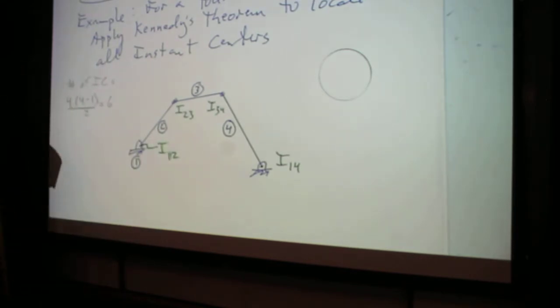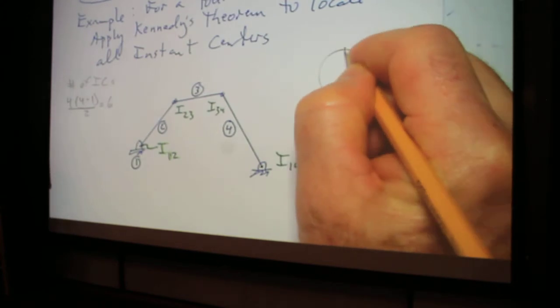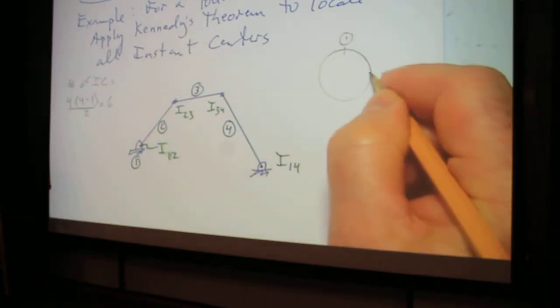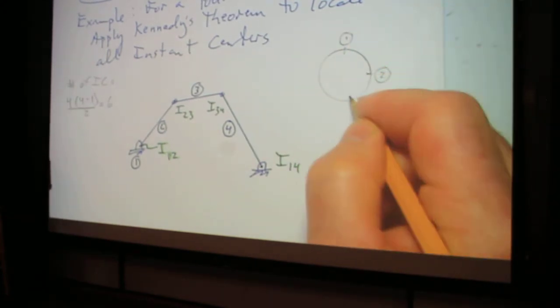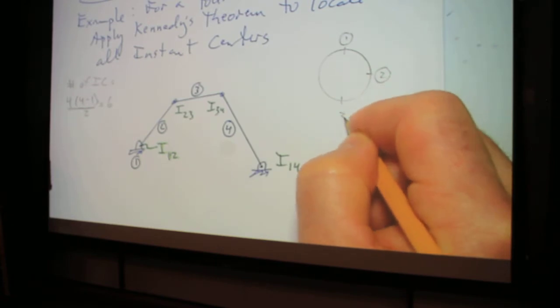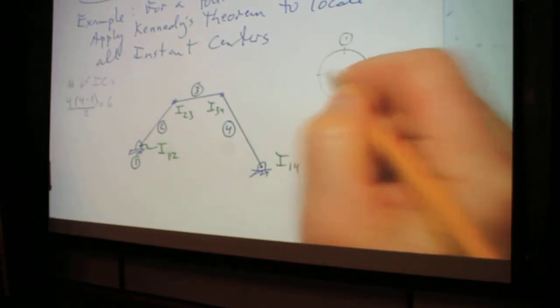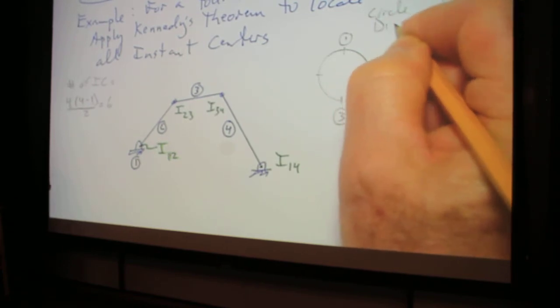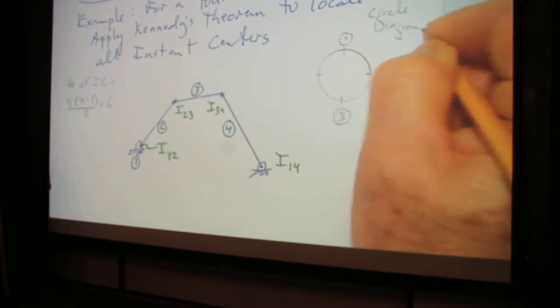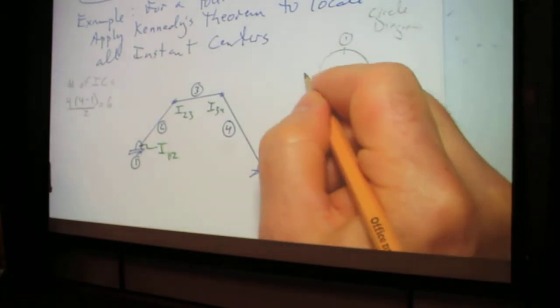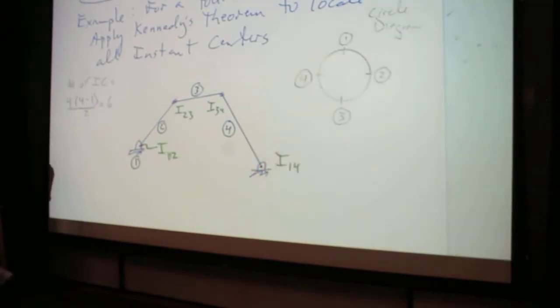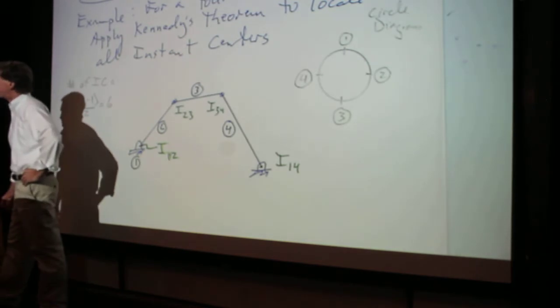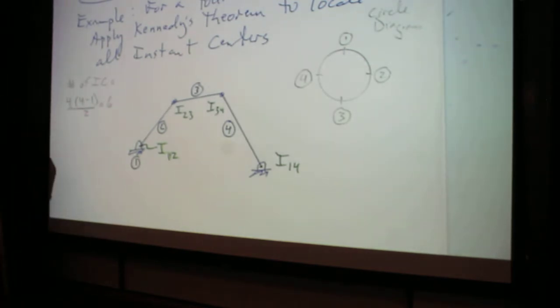So what you do is you put these tick marks to represent the links. We just evenly space these tick marks around. This is called a circle diagram. It has no geometric meaning at all, other than just keeping track of these instance centers. So we label them 1, 2, 3, 4.